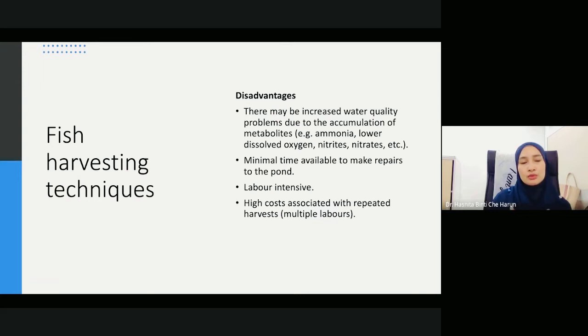So it means that if you do harvesting 3 times until you finish all fish in the pond, you need labor 3 times, each time of the harvesting, and there is high cost associated with repeated harvest.